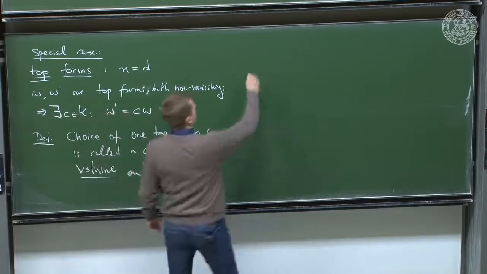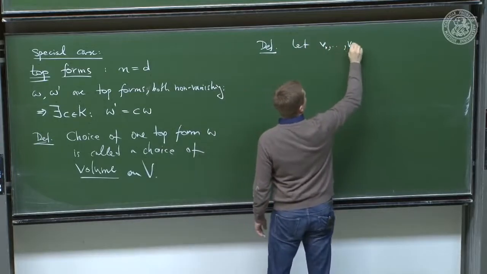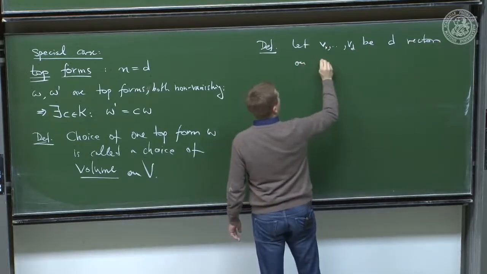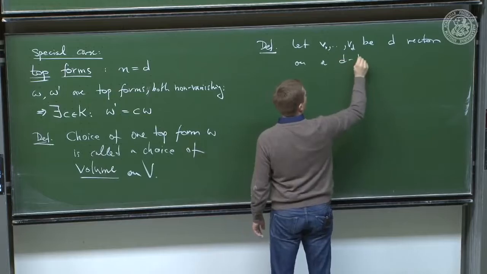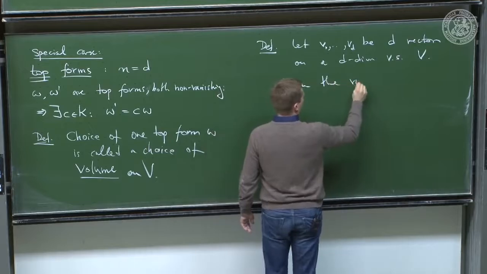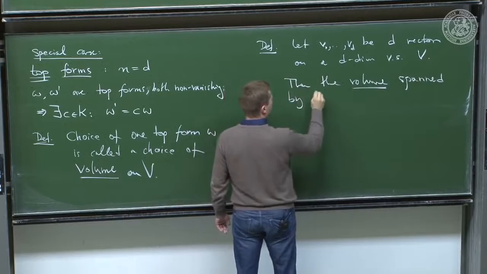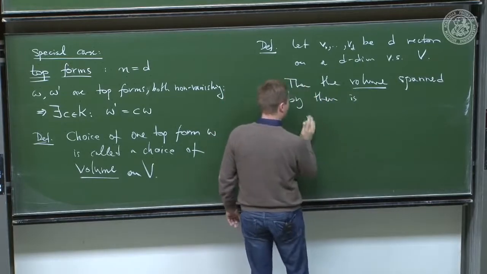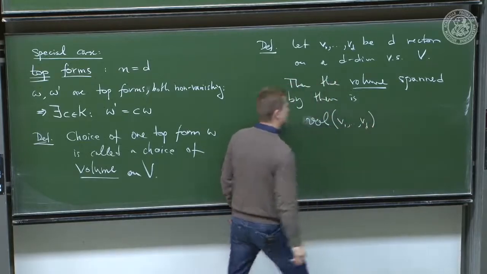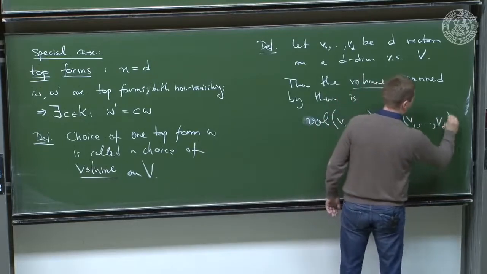Okay, why is this? Well, because you make the next definition: let V1 to Vd be d vectors on a d-dimensional vector space V, then the volume spanned by these vectors V1 to Vd, the order matters, is simply defined as omega of V1 to Vd.